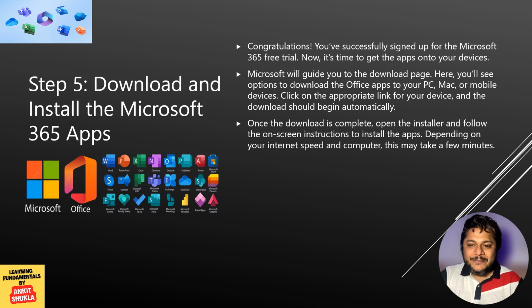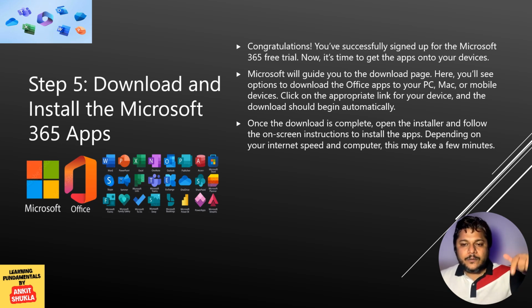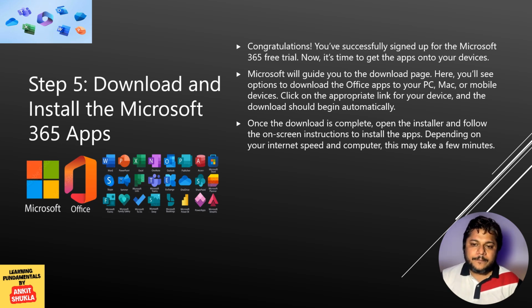So after 30 days, if you upgrade your existing Office app, you probably won't be able to roll back. Or if you know how to roll it back, that's great. But in case you don't have the keys to the existing version of Office that's already installed on your PC, I would recommend not to install it while performing the lab session or when you're watching this video.